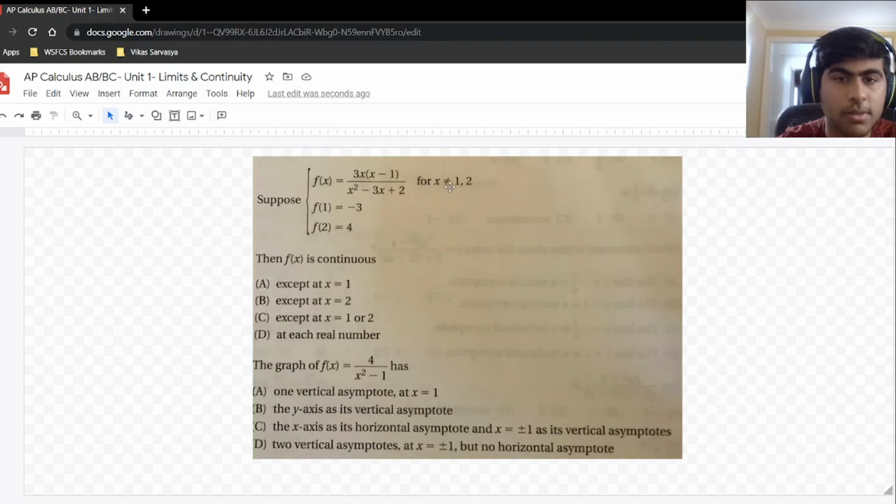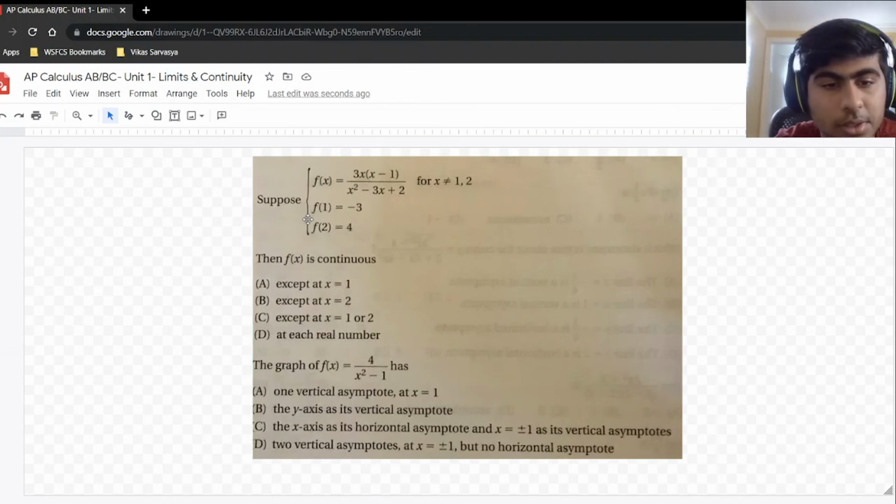It's defined at x equals 1, it's this, at x equals 2, it's that, and we have this for everything else. And we're asked, where is f of x continuous? And we know that it's continuous everywhere except 1 or 2, because it's just one function for those, and for those, the denominator is not 0. So everywhere except for 1 or 2, it's continuous.